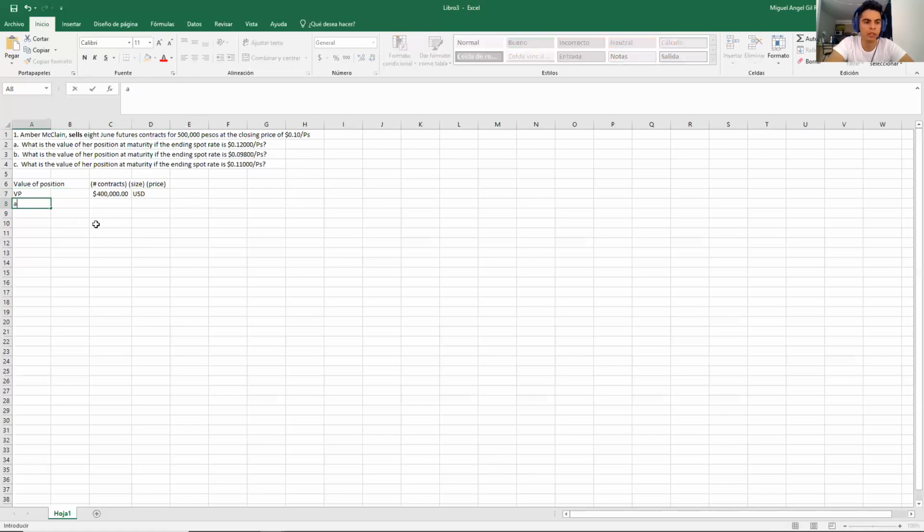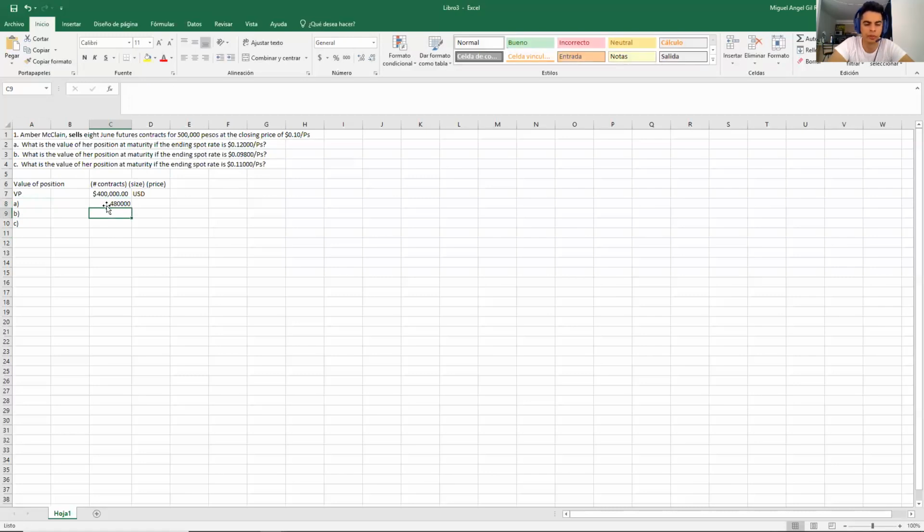And then we need to calculate the value of my position depending on the different spots that we have at the end of the contract. So we have letter A, 0.12, B, 0.098, and C, 0.11. So let's calculate these numbers. So 8 times $500,000 times, and the first one is 0.12, right?